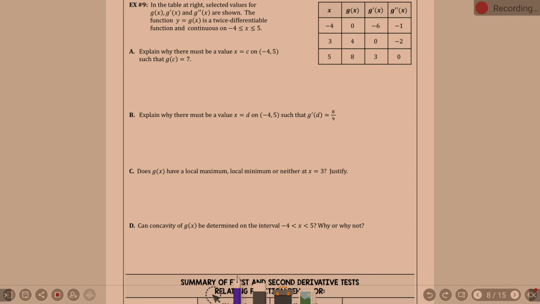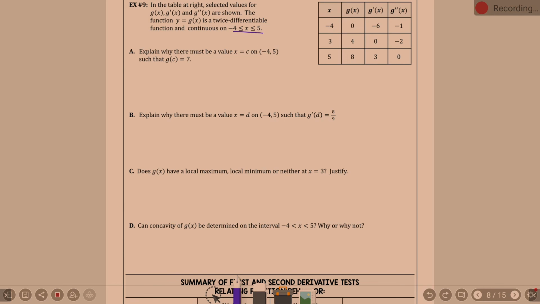This is -4 to 5, right? So why must there be some point c where this function equals 7? You remember this? We've learned several theorems this year.